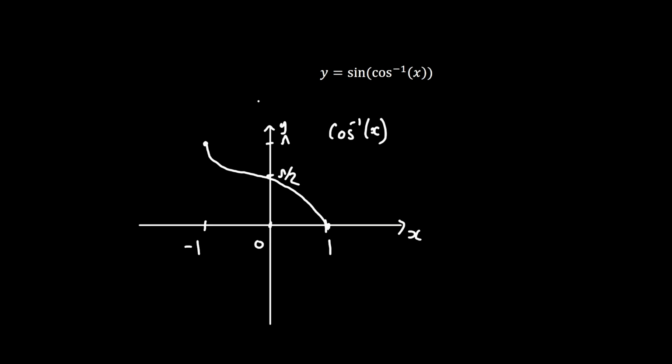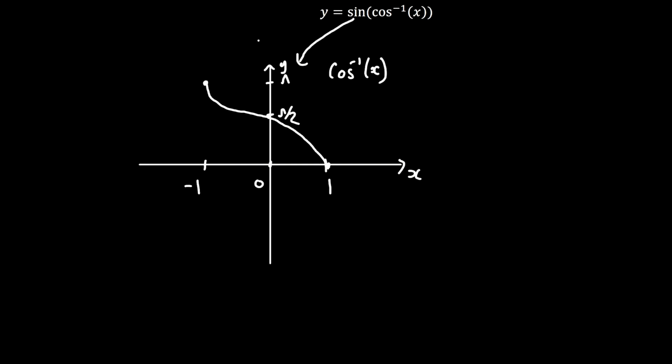Now, we're going to have to take sine of this, and that's going to be a bit difficult because we'd be fine taking sine of individual points here, but we're going to struggle getting the general shape of the curve. So what I would rather do is look at the basics of what sine really means.